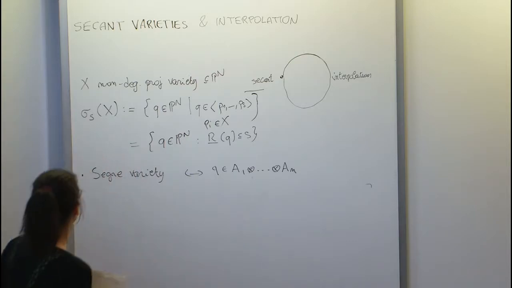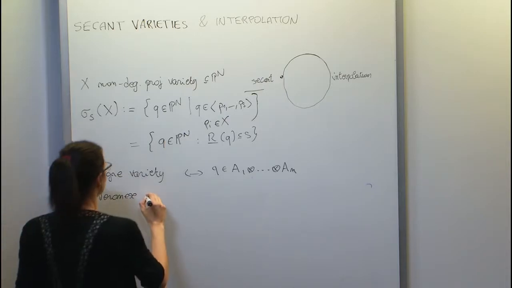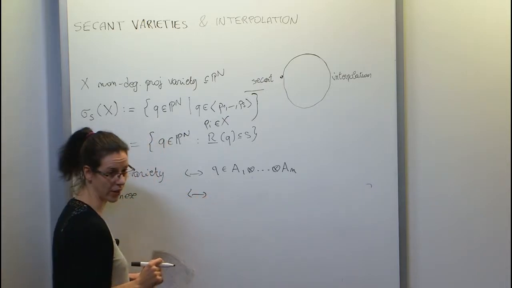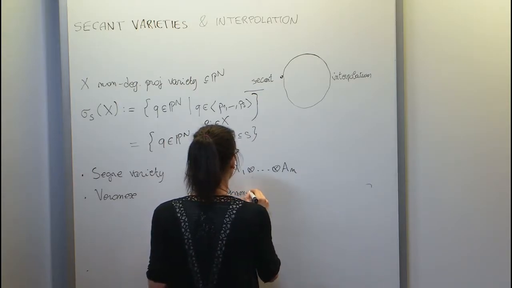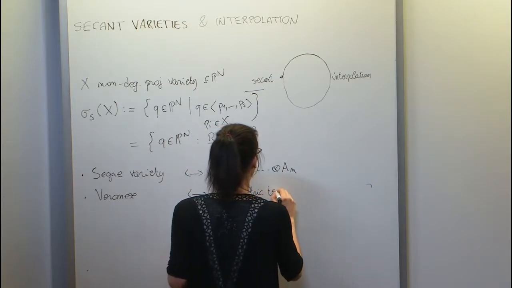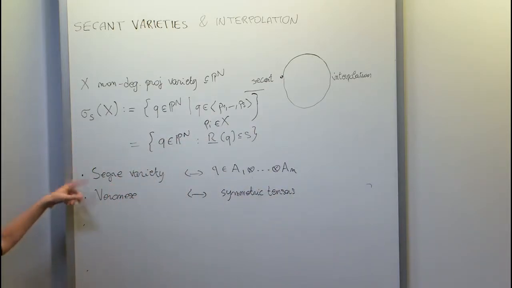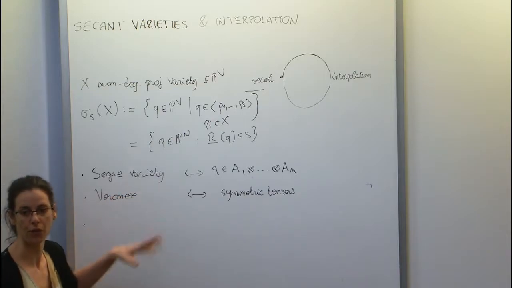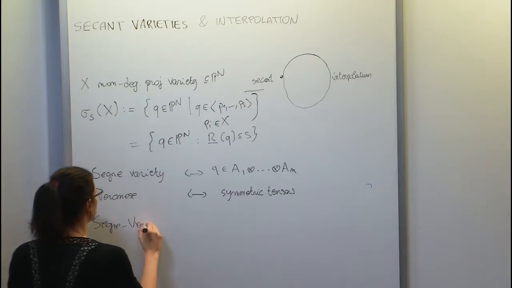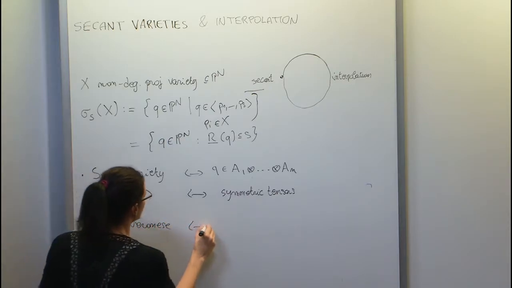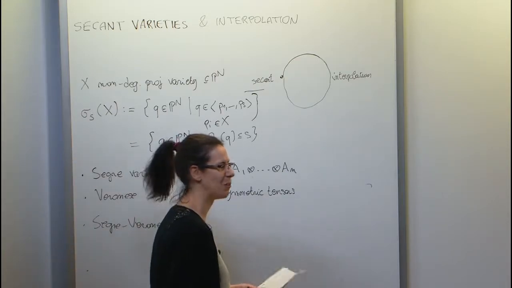But also we will consider Veronese varieties, and these correspond to symmetric tensors, so polynomials. But I can also combine these two objects and take Segre embeddings of products of Veronese varieties. These are the so-called Segre-Veronese varieties, and in terms of tensors, they correspond to partially symmetric tensors.